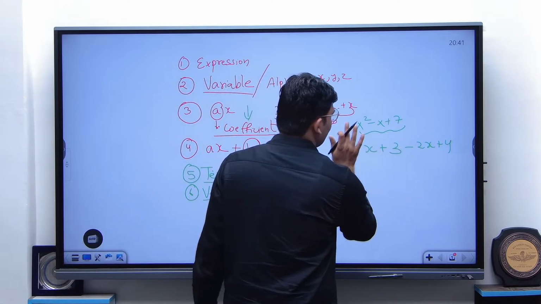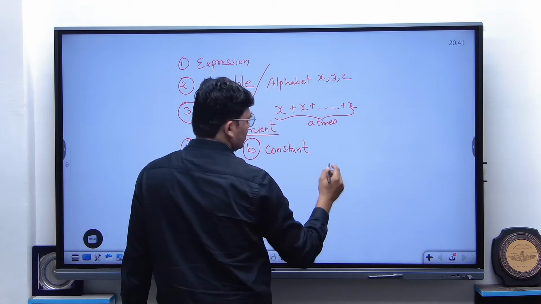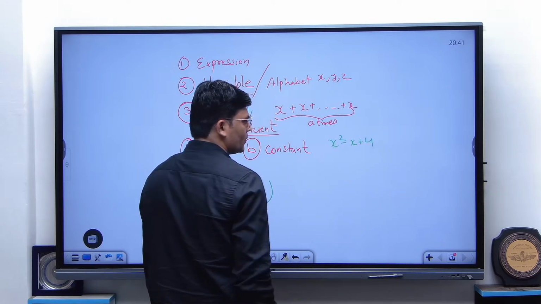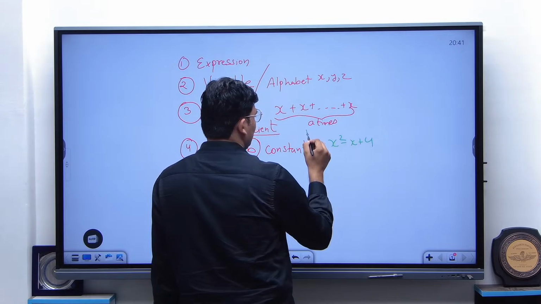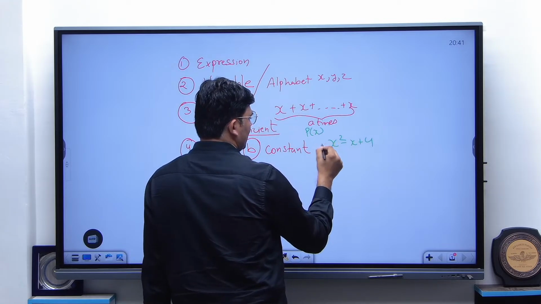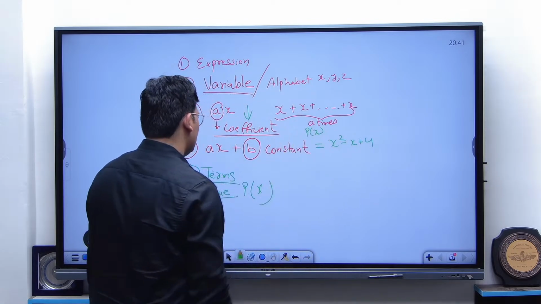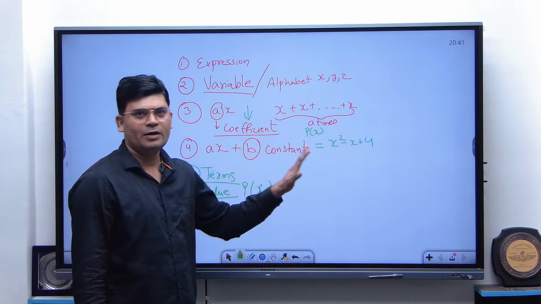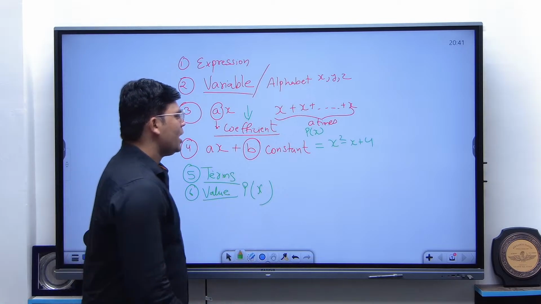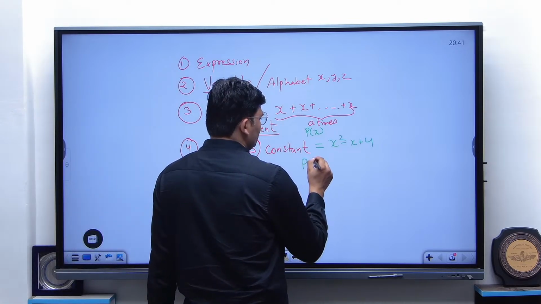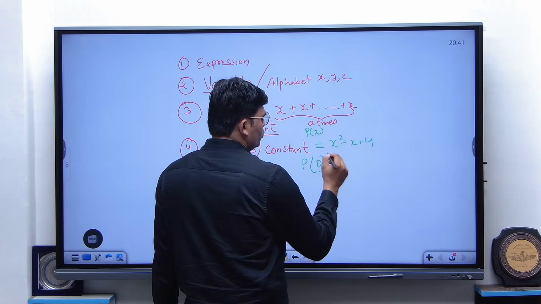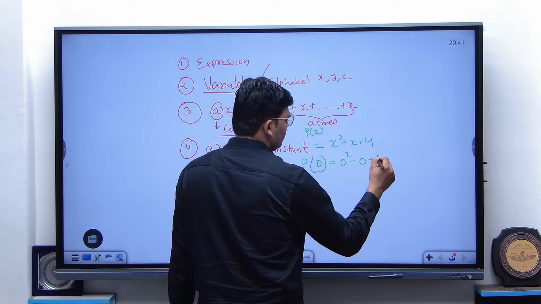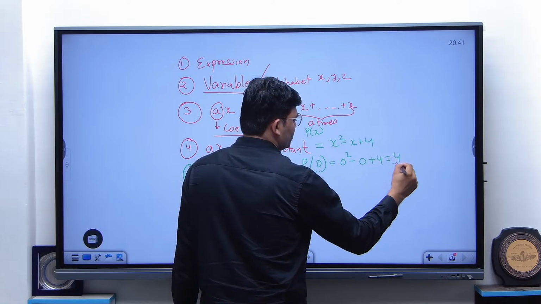Let us take an example, x square minus x plus 4. This is known as p of x. If I ask you what is p of 0, you will replace x by 0. So it is going to be 0 square minus 0 plus 4.